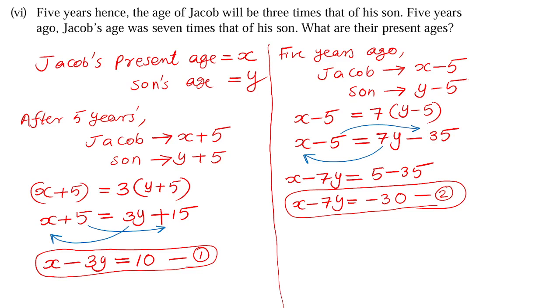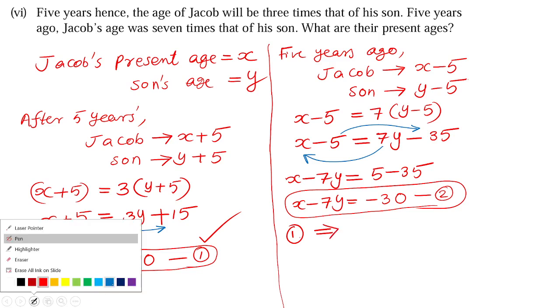Next I want to use the substitution method, because I told you that there is a title in the beginning. Use substitution method. If the method is mentioned in the problem, you must use the substitution method. So how to use the substitution method? You have to consider one of the equations. Let it be 1.